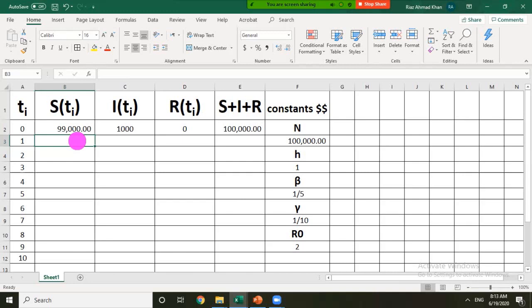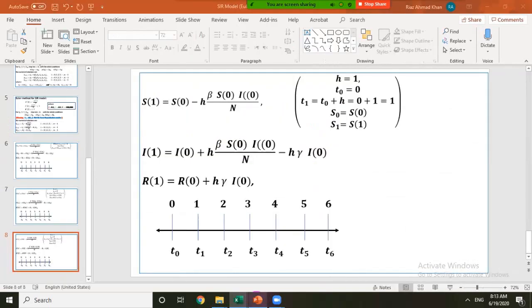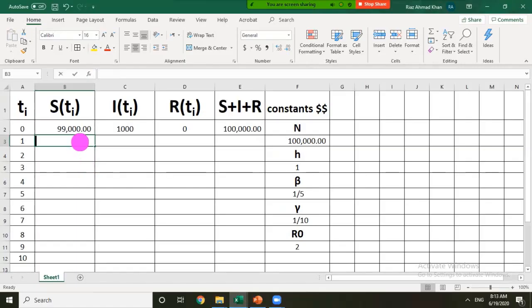Now, what will be the formula for S of 1? Again, have a look at the Excel. S of 1 will be equal to S of 0 minus H beta S of 0 I of 0 divided by N. So we have to put this formula in the Excel. Equal to S of 1 is equal to S of 0 minus H, but remember dollar sign because H is constant. For multiply, use asterisk.